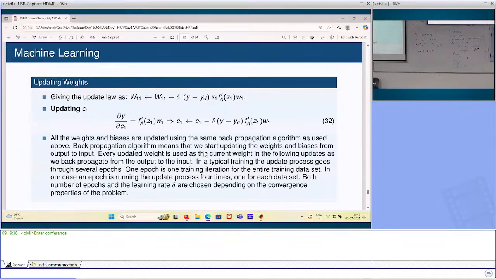Uska itna complicated equation tha, we just have done it, now it is in our hands. So we don't have to make this equation complicated. As you keep going back and back and back, every equation is as simple as this. Because we are back propagating the weights we calculate. So we calculate updated W1. Now that updated value of W1 will be used to update W11. So this is back propagation.